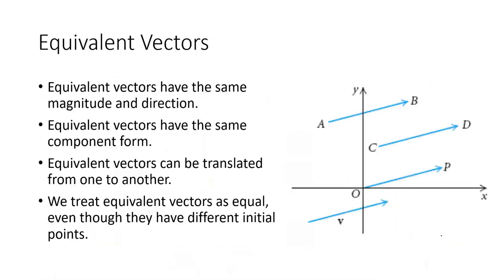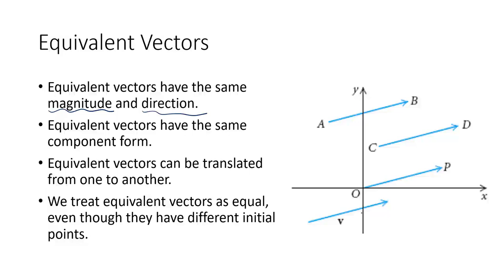So that's where we can talk about equivalent vectors. We could have a bunch of vectors starting and ending at all different locations, but as long as these vectors have the same magnitude and the same direction, they are basically the same vector. So we call them equivalent vectors, right? Because a vector has magnitude and direction, both magnitude and direction have to be the same.